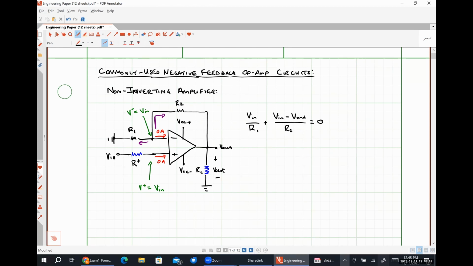I can then move V out over R2 to the right-hand side of the equal sign and then multiply through by R2 to get the relationship. V out will be equal to 1 plus R2 over R1 times our input voltage Vn.